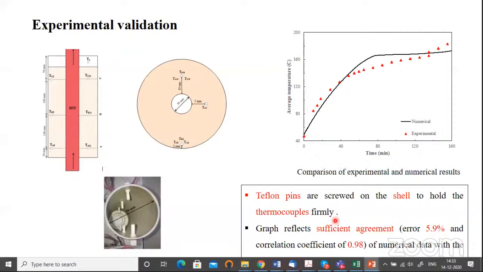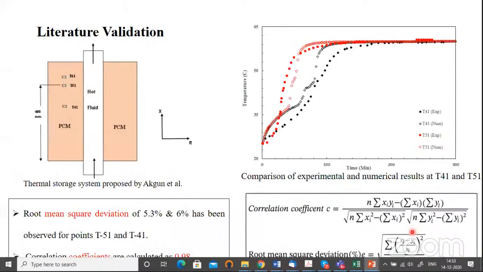Now this graph reflects that we have a very good agreement, with an error of around 6% and a coefficient of correlation of around 0.98, for the numerical analysis compared with the experimental estimation for this particular latent heat thermal energy storage.